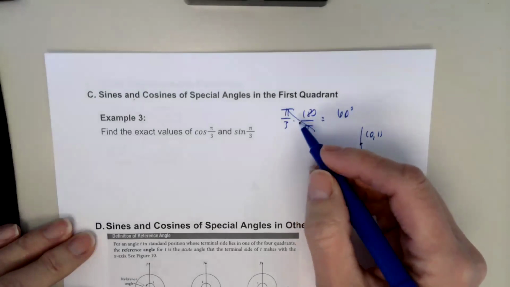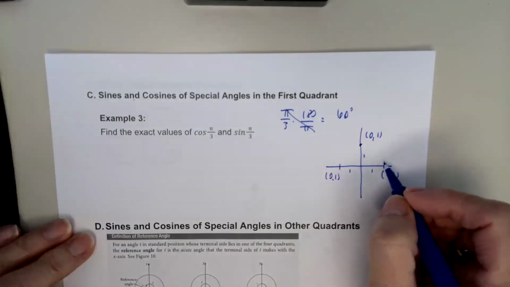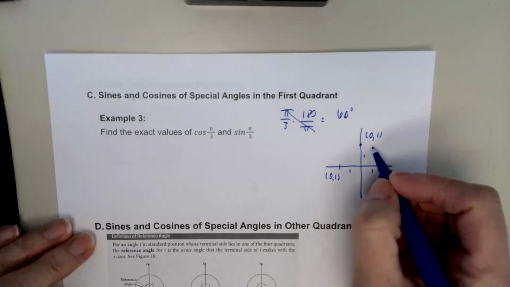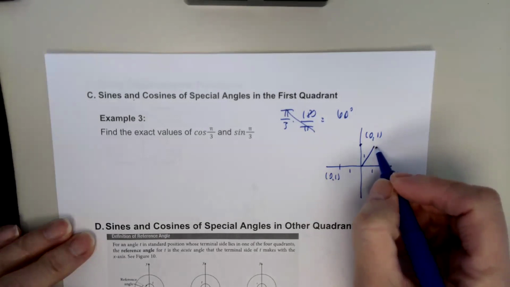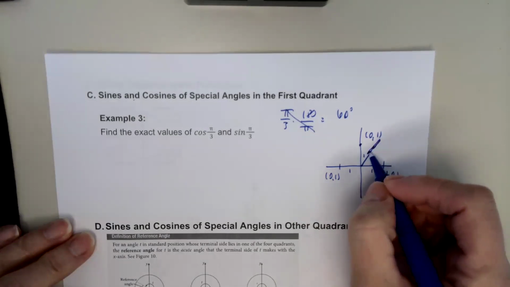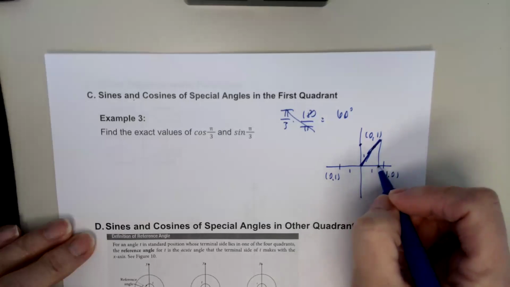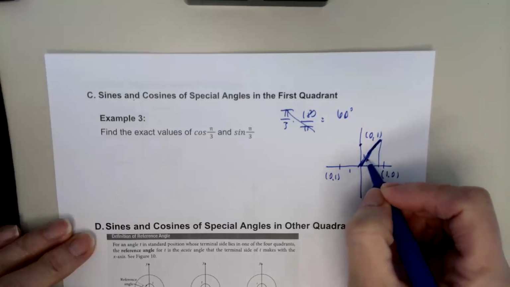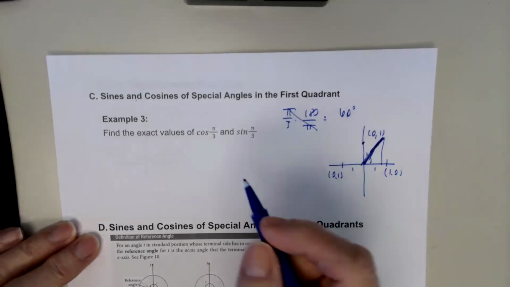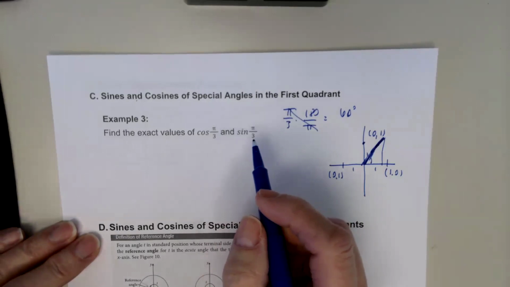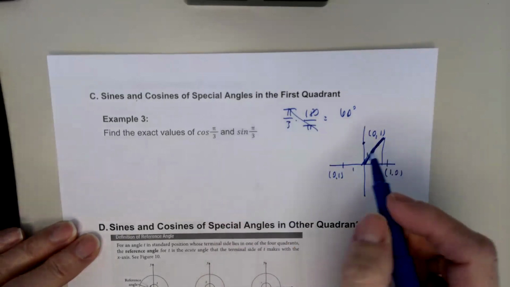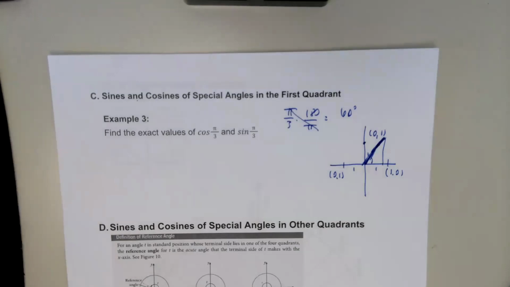Pi over 3 is at 60 degrees. So 60 is 2/3 of the way to 90. So it's really this angle here. So they want to know what is cosine there and what is sine there. So we have to find those values there.